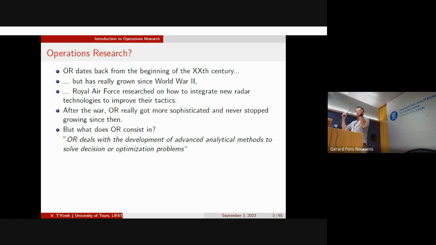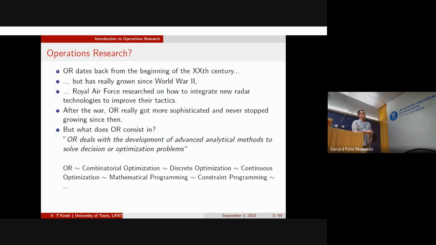So if you have an optimization problem to solve that is mathematically well-defined, then you can use the tools from OR to solve your problem. And personally, I say that OR is a synonym of combinatorial optimization, discrete optimization, even continuous optimization, mathematical programming, constraint programming. So if you know any of these words, you already know a little about operations research.